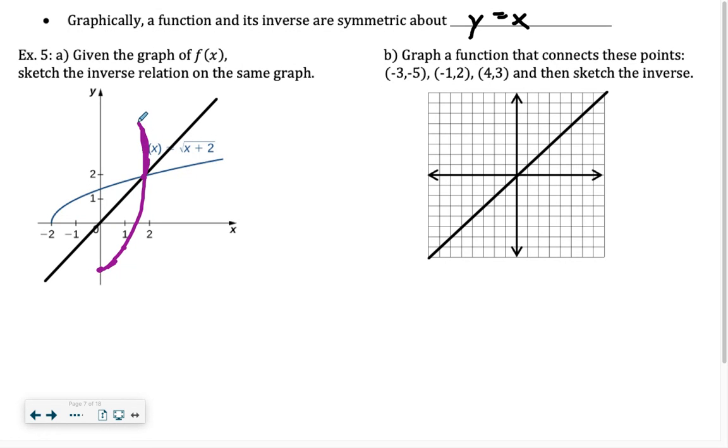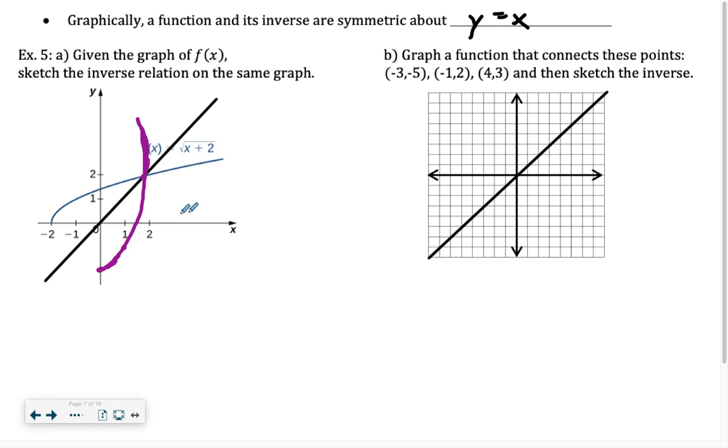Here is what the inverse of the square root of x plus 2 would look like. It is a reflection across the line y equals x. If I fold this in half, these would sit on top of each other. What we're literally doing is just taking each coordinate point and flipping the x and the y.